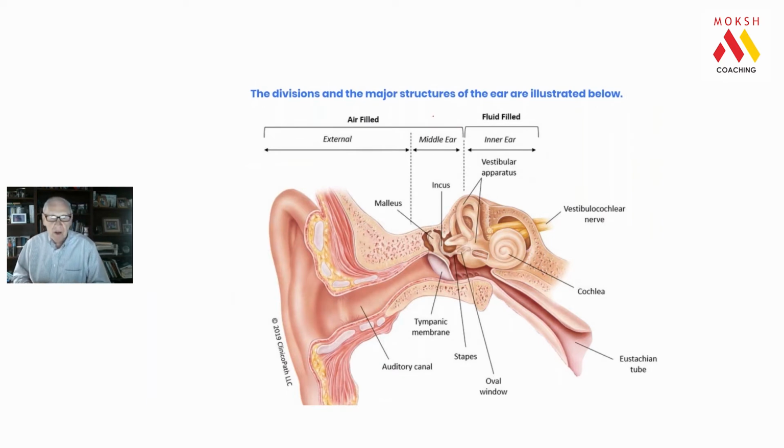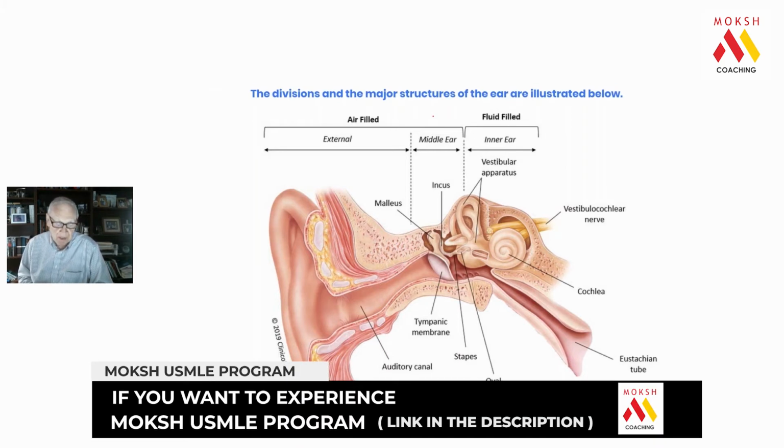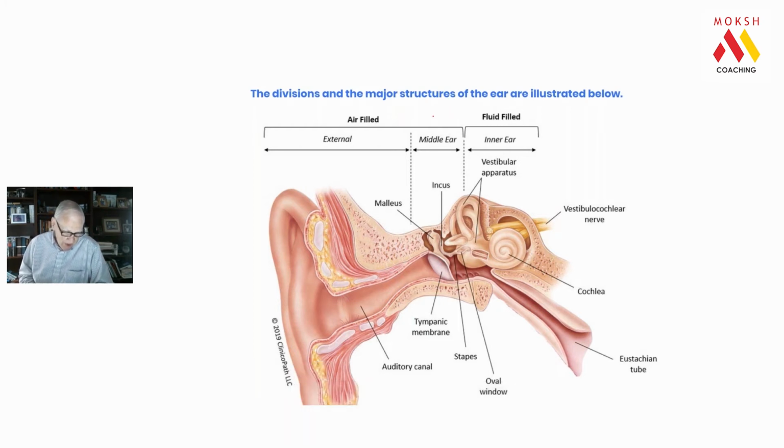And we know all of the functions are based on this mechanism of the ear. And you know the basic divisions of the ear: external, middle, and internal. And notice the external and the middle ear are going to be air filled. And of course, that's obvious.